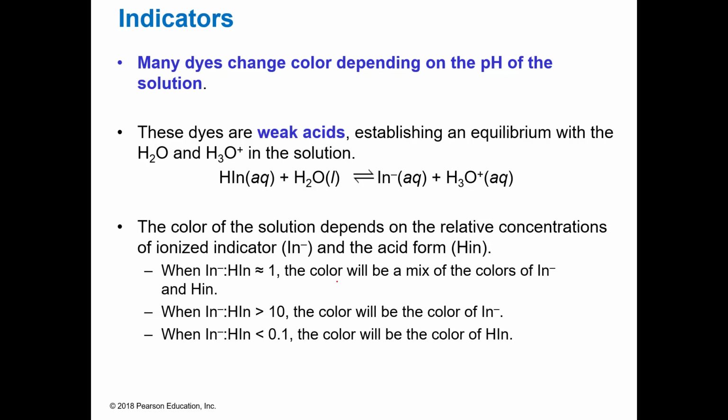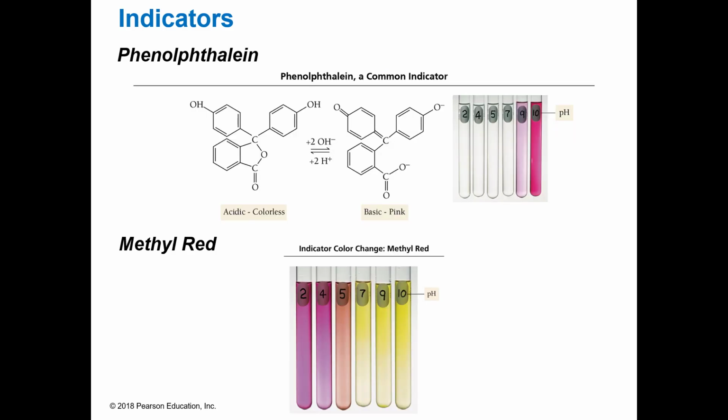There are a lot of dyes you can use, and a lot of times you will see it written as HIn, standing for indicator, and that indicator turns into an anion with the H3O plus. You can actually use a mixture of these indicators if you're trying to see different things about the reaction that's going on, or if you don't know exactly where that equivalence point is going to be.